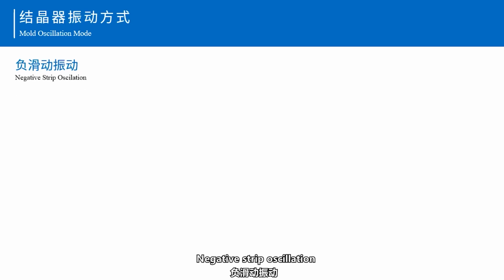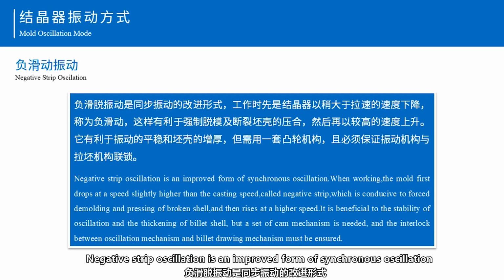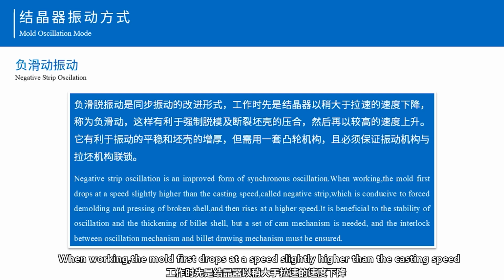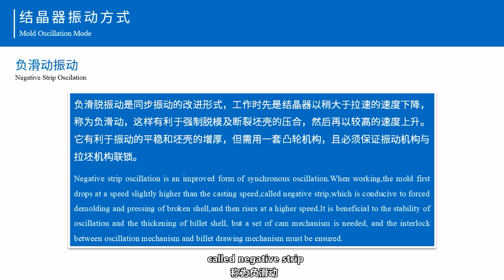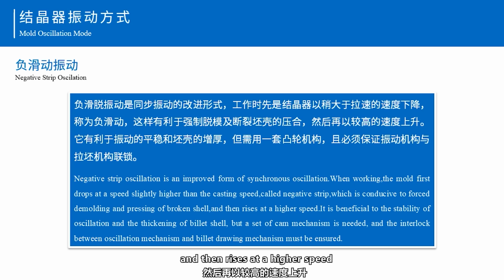Second is negative strip isolation. Negative strip isolation is an improved form of synchronous isolation. When working, the mold first drops at a speed slightly higher than the casting speed, called negative strip, which is conducive to forced demolding and pressing of broken shell, and then rises at high speed.